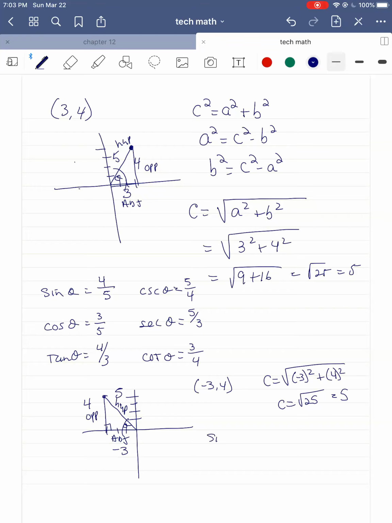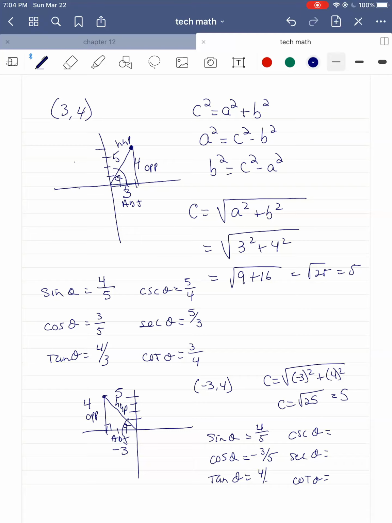So now when I make my list, sine, cosine, tangent, cosecant, secant, cotangent, sine is opposite over hypotenuse, so 4 over 5. Cosine is adjacent over hypotenuse, so it's minus 3 over 5.